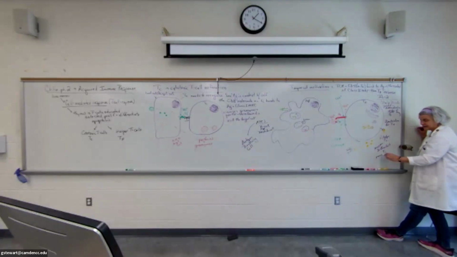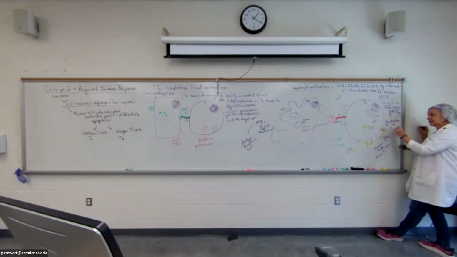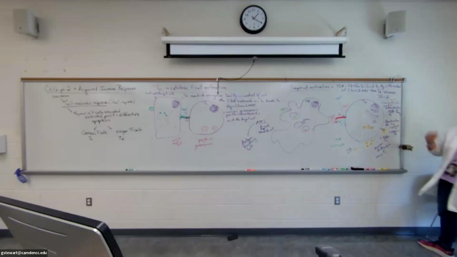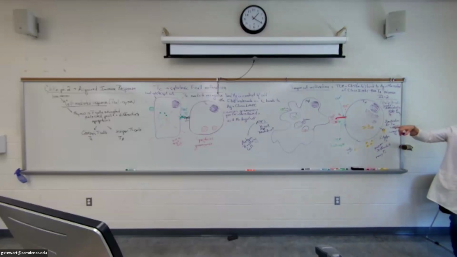And I forgot to say, here we're also going to get proliferation plus memory T helper cells that are specific for triangle antigen. So the next time I see this bacteria with triangles all over it, I'm ready, because now I've got hundreds of these T cells in my lymph circulating around looking for triangle antigen.